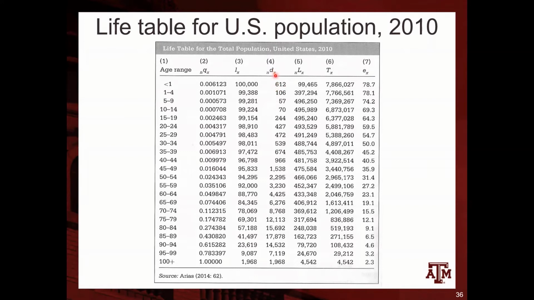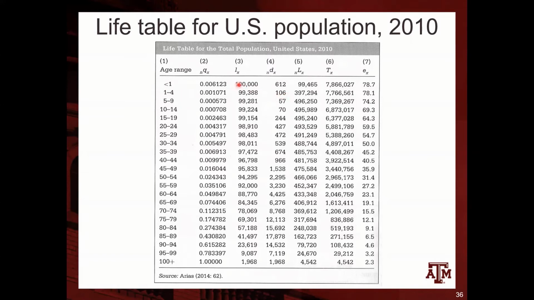So these are the number of people dying within that age group. The people enter that age group, the amount of people who enter is this amount here. They were exposed to this chance of dying throughout that age group, and that amount of people died. And again, the D is the number of people dying within that interval between ages 0 and 1, between ages 1 and 4 is here.